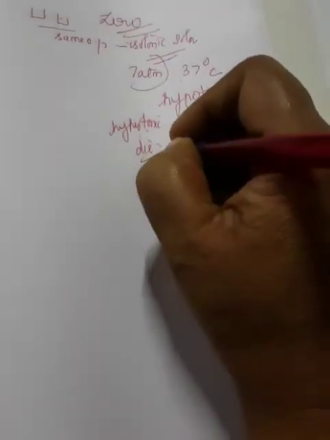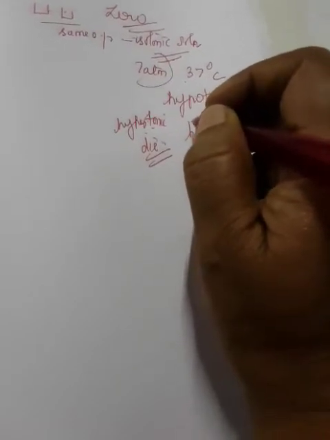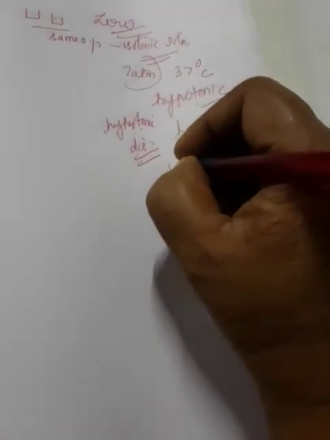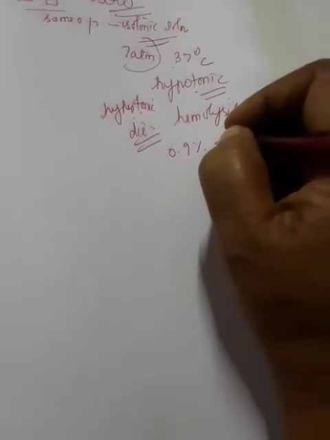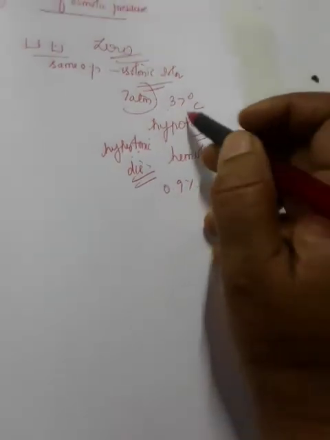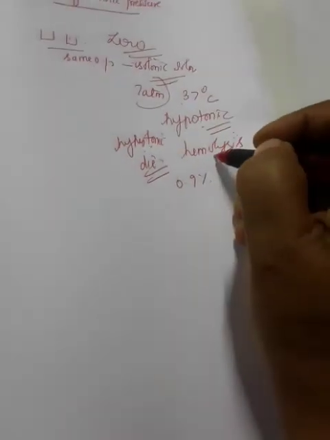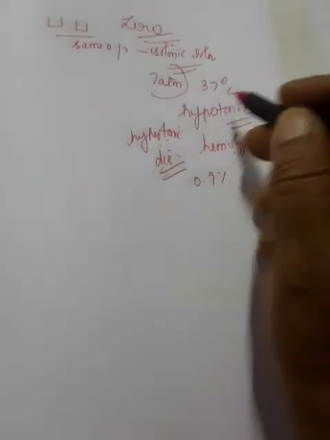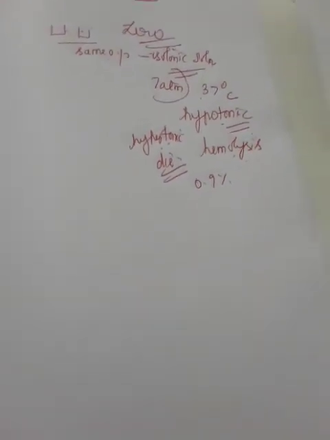For this reason, the intravenous fluids are prepared such that they are isotonic to blood, that is 0.9% mass by volume sodium chloride solution. So we have learned many terms here: isotonic, hypotonic, hypertonic, hemolysis. Everything is given in the book. You clearly have to learn these definitions: what is isotonic, what is hypotonic, what is hypertonic, what is hemolysis.